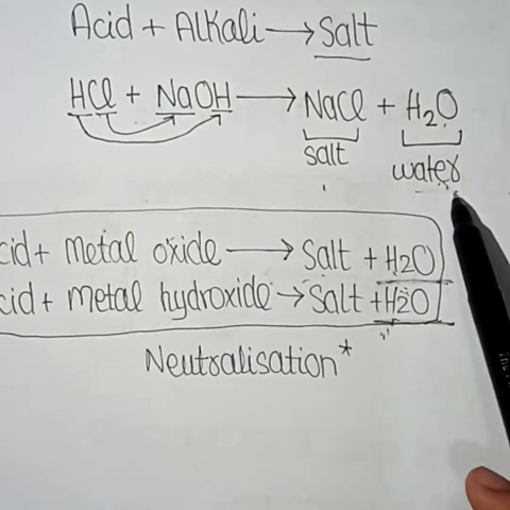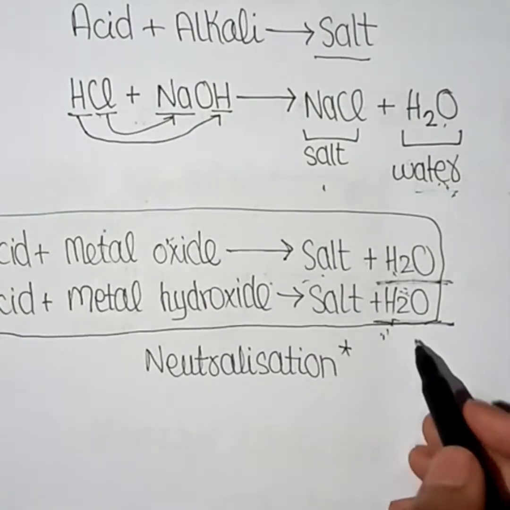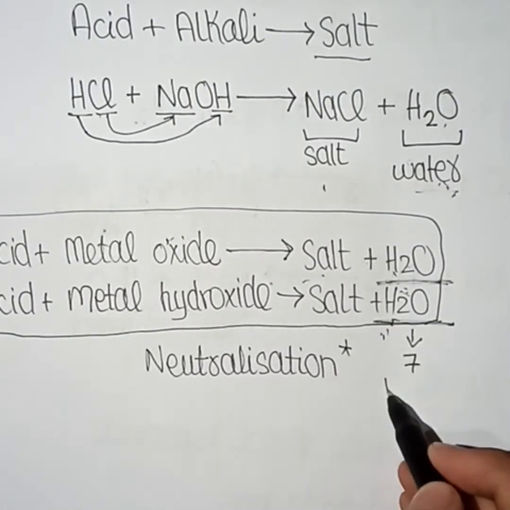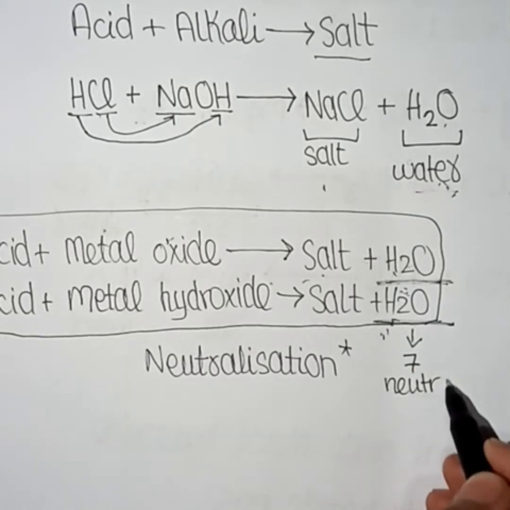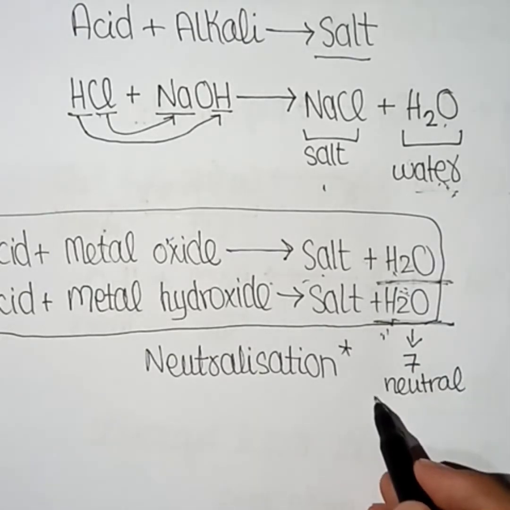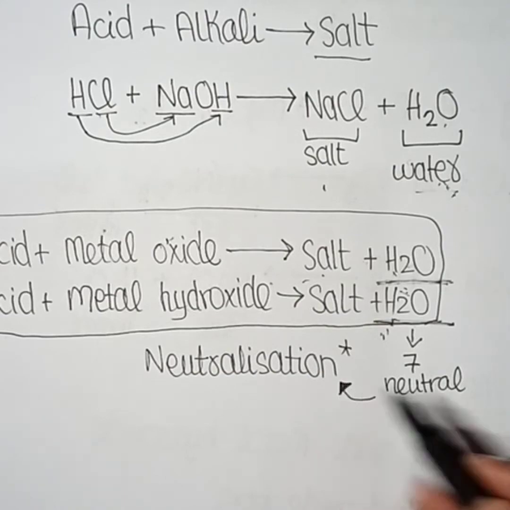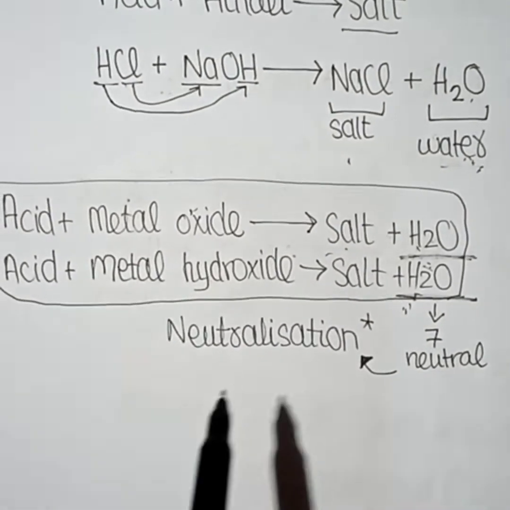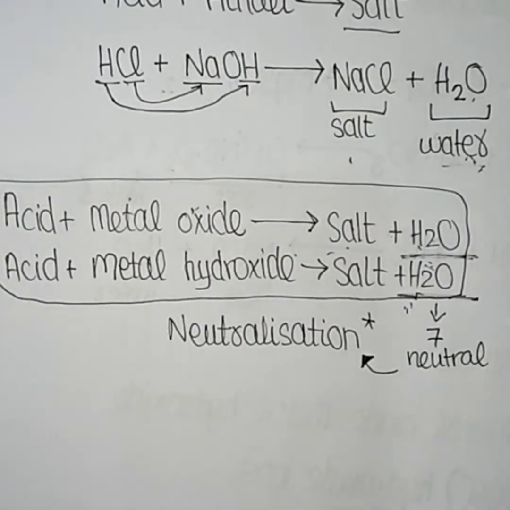The pH of water is 7. So when the pH of water is 7, it means that it is neutral. Obviously, when it is neutral, the neutralization has been completed. This is the main concept you need to understand for chemistry.